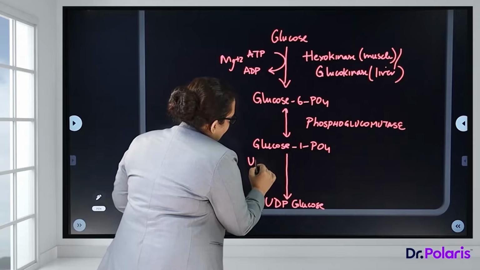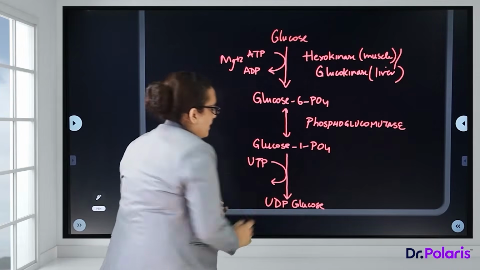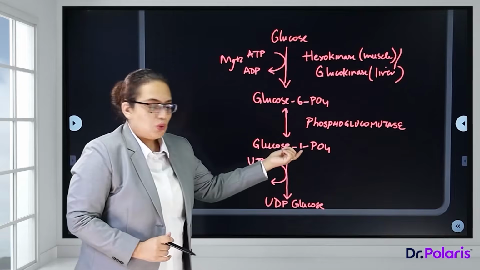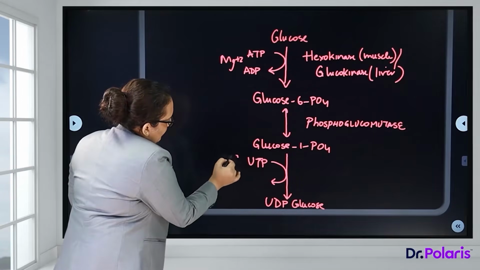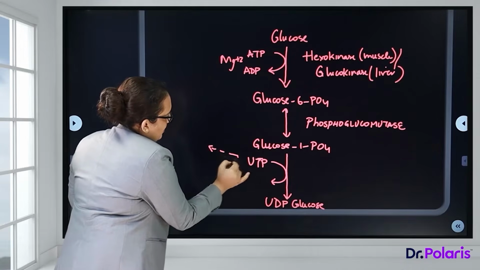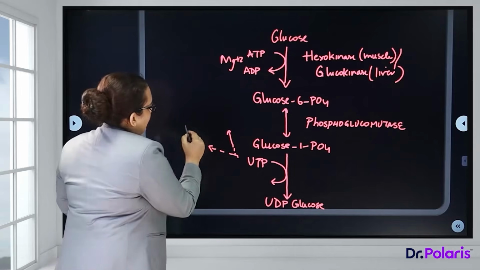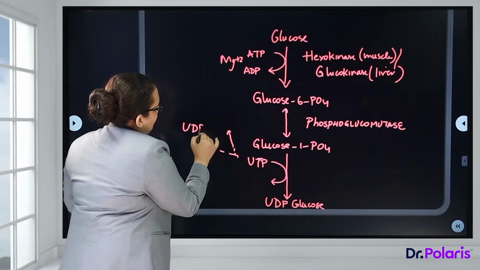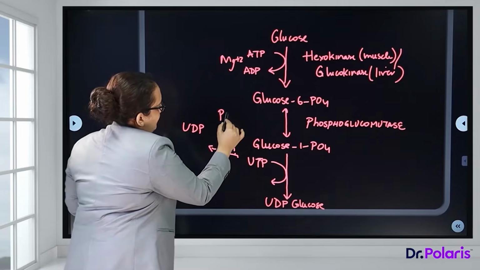So UTP is added to the reaction. UDP gets attached to glucose. Now, if you just imagine this UTP, it's just for you to understand, I can say that UTP gets split into UDP. There are 2 phosphates attached to uridyl, and then you have an additional phosphate group.